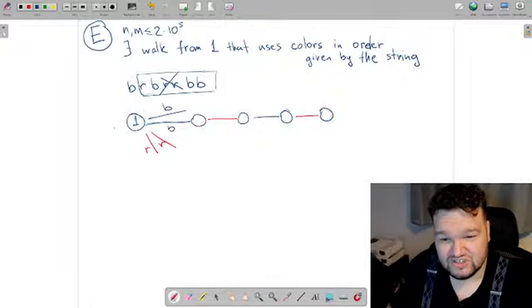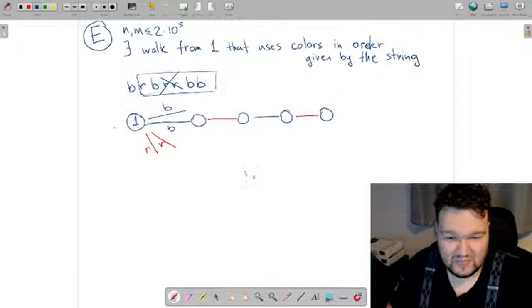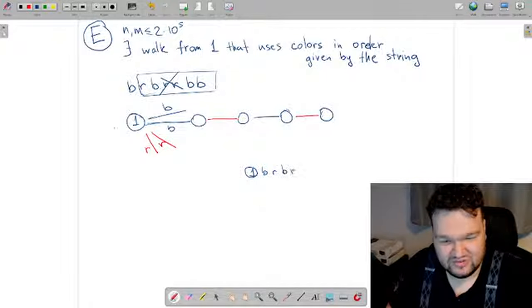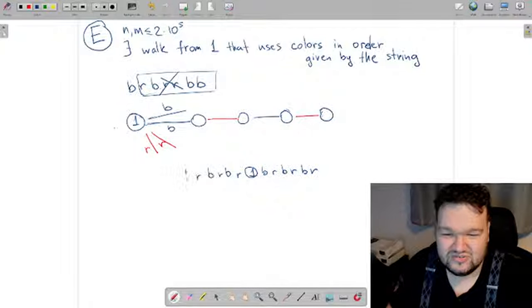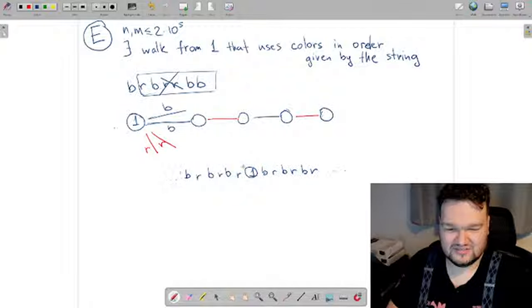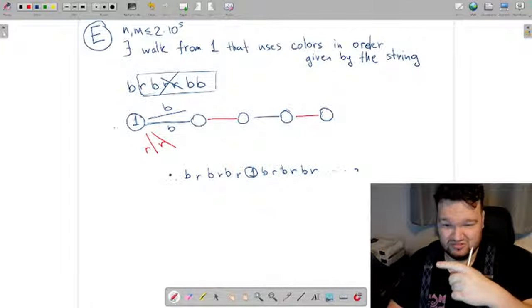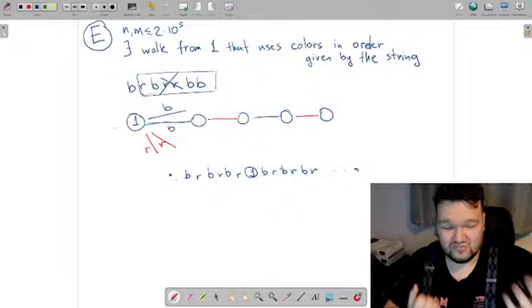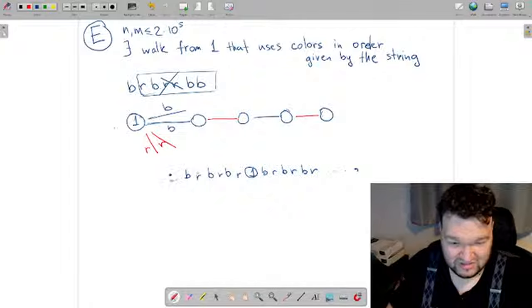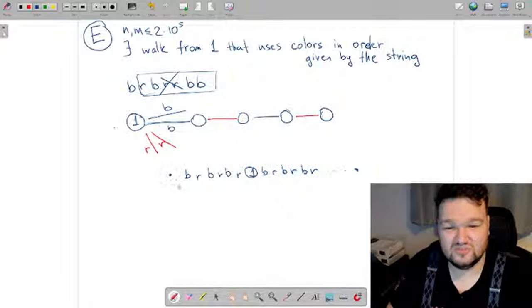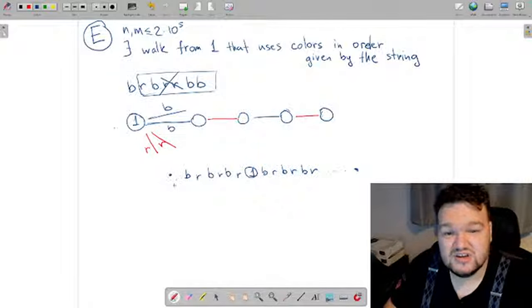If there are such walks for both starting colors, it means that we have blue red in this direction and red blue in this direction, and so those are k edges, and each time we need to traverse some color, we always have an opportunity to do so while staying on this path until we reach one of the endpoints, so we can make at least k moves for any string.